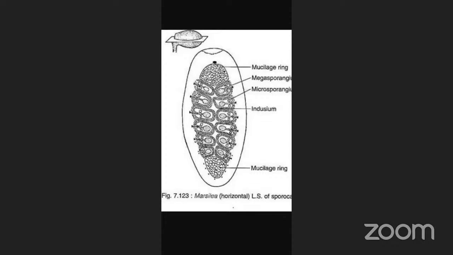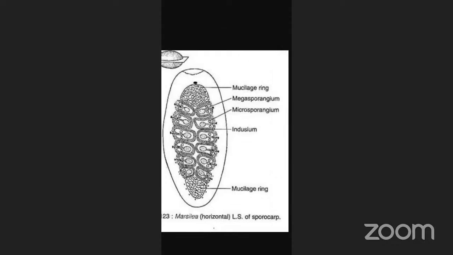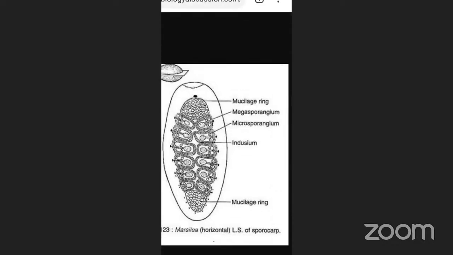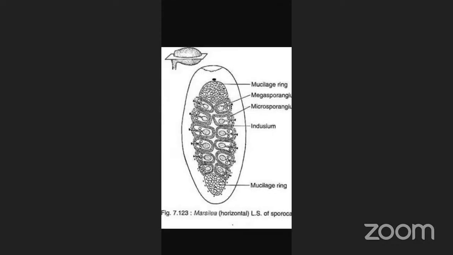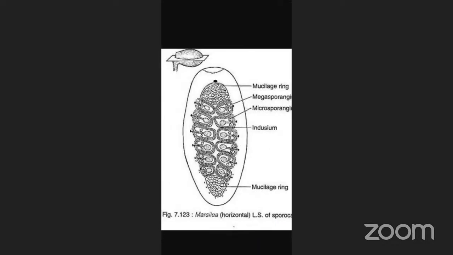And the Marsilia sporocarp, structure of the transverse section, and VLS, RLS structures of the sporocarp. This is also asked from the exam point of view. Please note down these questions also. What is the important topic from your exam point of view? This is also important.